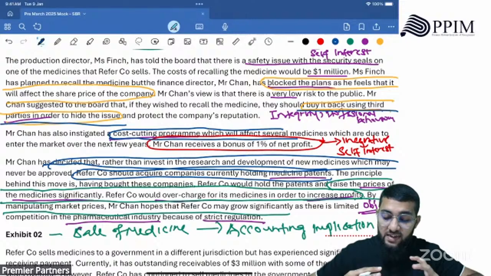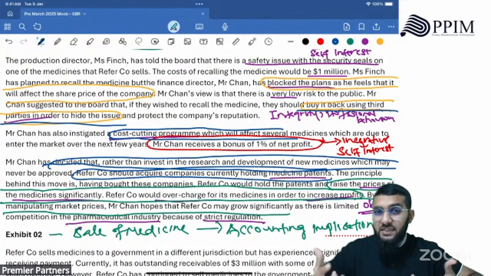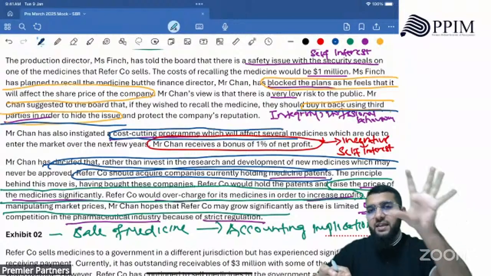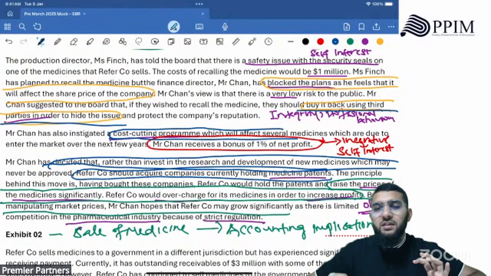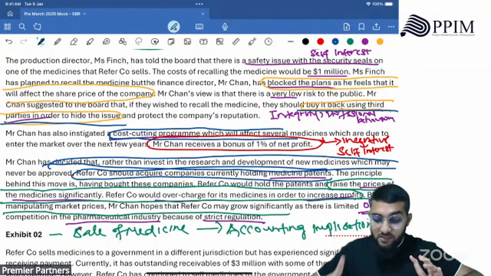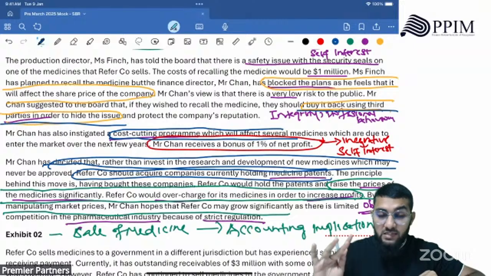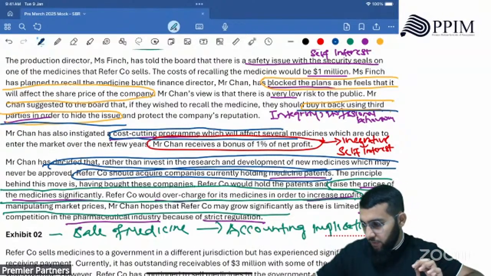So this entire section you need to discuss in depth, bring clarity to your discussion, and ensure you mention all the points that are impacting whatever the codes of conduct are. And what is the underlying threat? That's profit maximization, the 1% of net profit based bonus. Okay, that is what is getting Mr. Chan to do all this, and not any good or clean motives. All right.